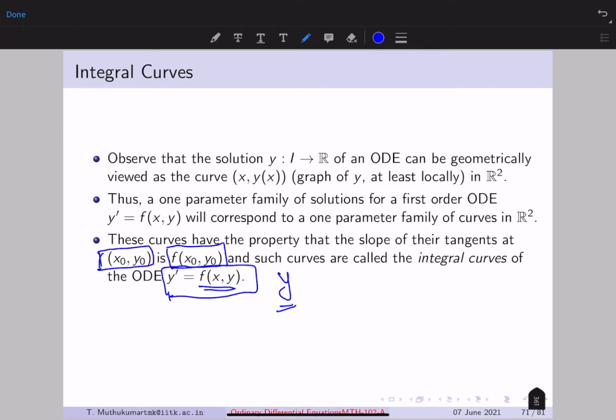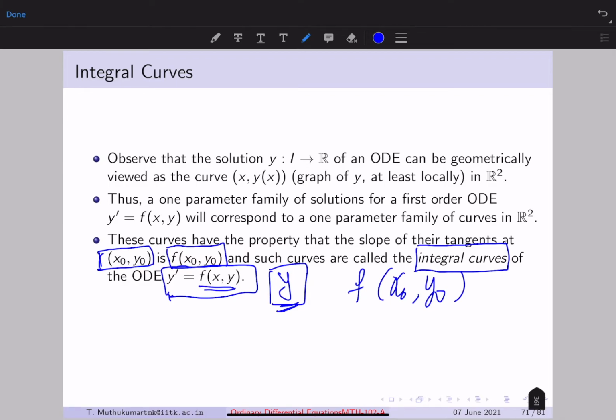So you are looking for a curve y whose slope at every point is f of x0, y0. Such a curve is called an integral curve. So basically, when we say we want to solve this ODE, we are looking for integral curves corresponding to this differential equation.